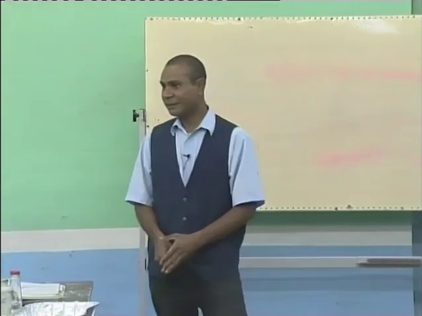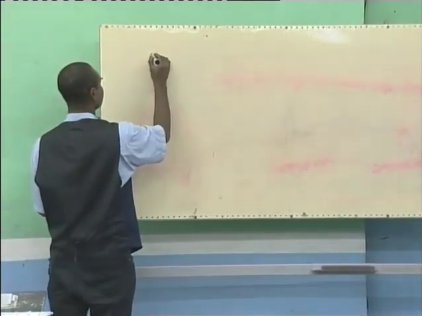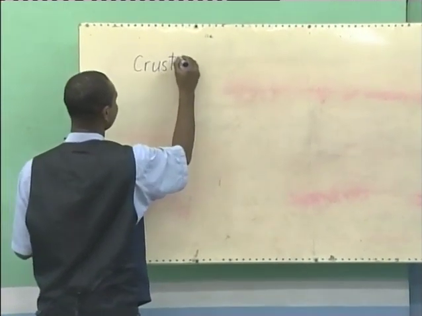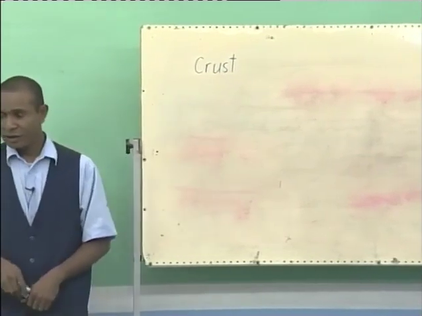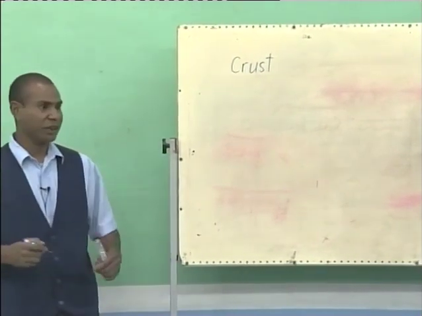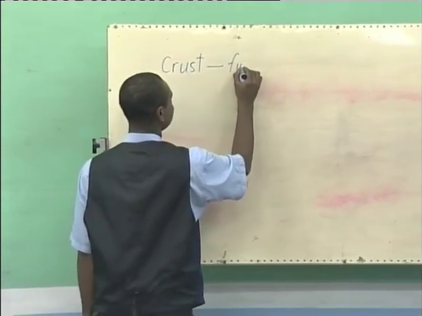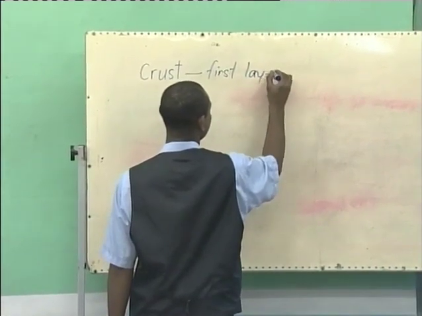All right. We looked at the crust, which is the top layer of the earth. The crust is the top layer of the earth, which is the first layer.